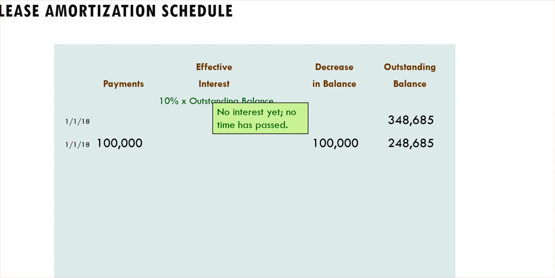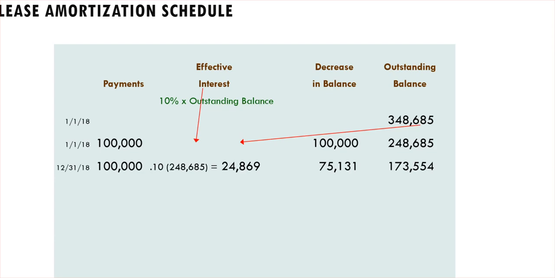Now, if I ask you, what is the amount of the interest expense for the first year? And I'm going to show you this here. The interest expense for the first year, this 12/31/18 is really the same as January 1st, 2019.